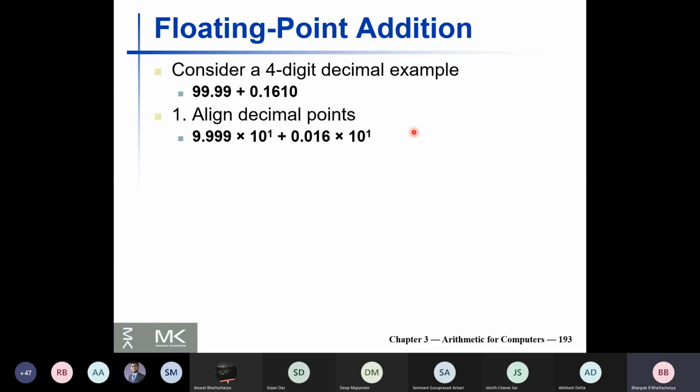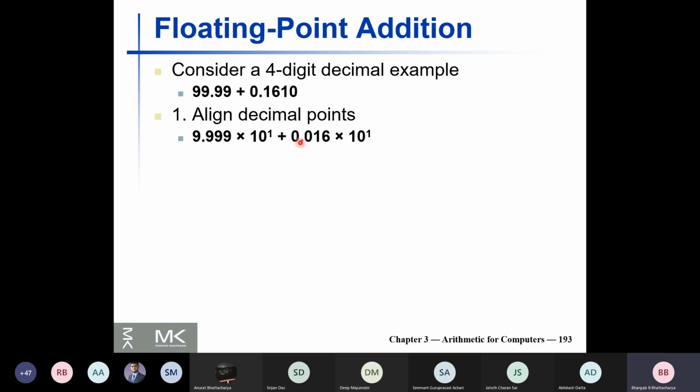Well, so align the decimal points. Alignment means, okay, this is some kind of normalization, in the sense that let us put just a single digit on the left of the decimal point here. So this is 10 to the power 1. So you change it; that means you change this exponent value. Here, everything in decimal is in terms of 10 to the power something.